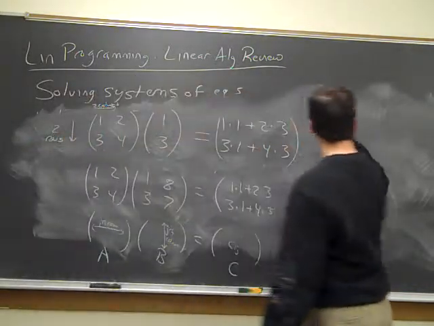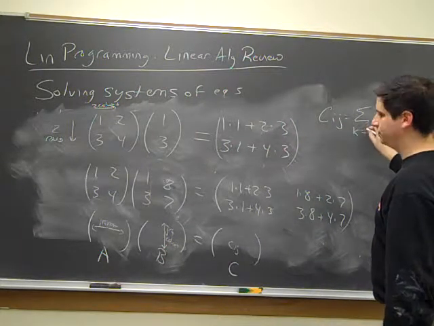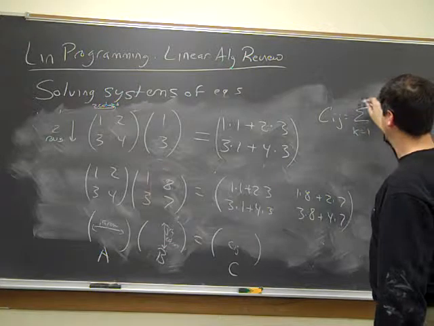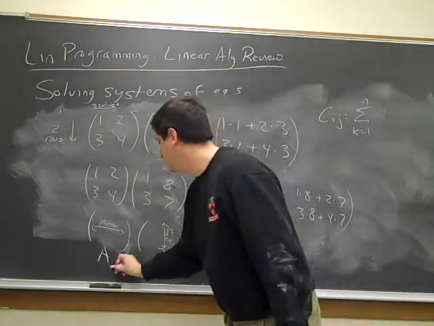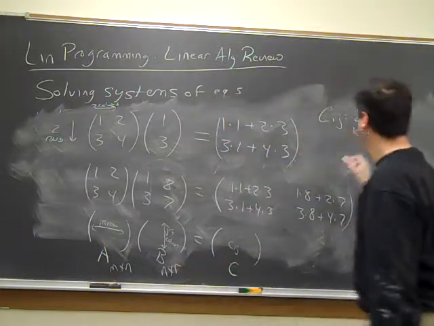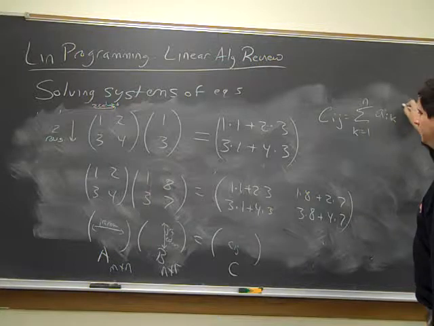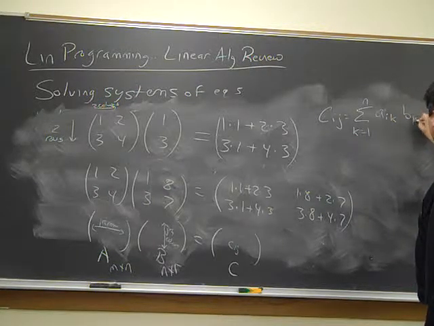So Cij would be the sum. It goes from 1 to n. And again, I'm going to assume this is m by n, and I'll assume this is n by r. It would then be A_ik B_kj.